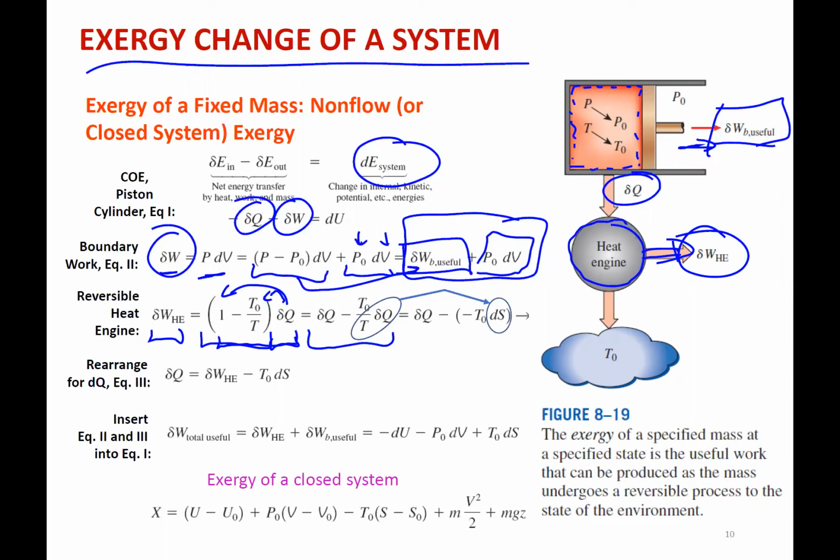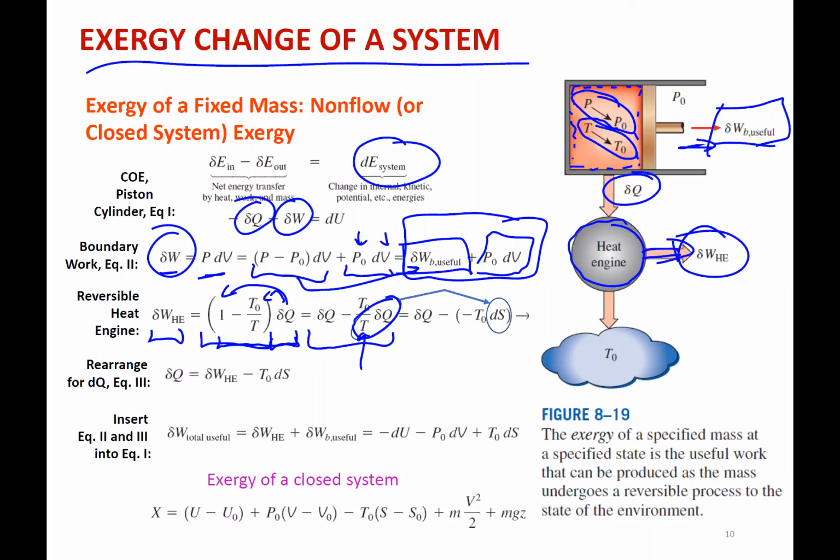We can also get rid of this dQ over T, because this T is the temperature inside the system, and we're taking the temperature of that fluid and pressure and bringing it to the dead state. We're saying, what's the work potential of that pressure and temperature to the dead state?